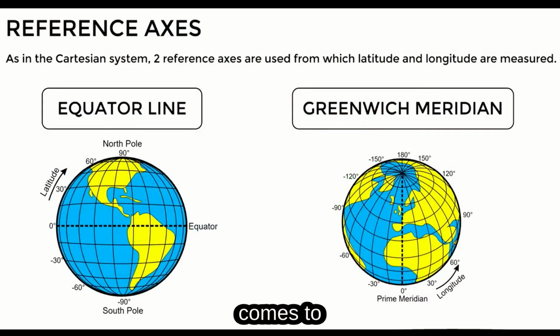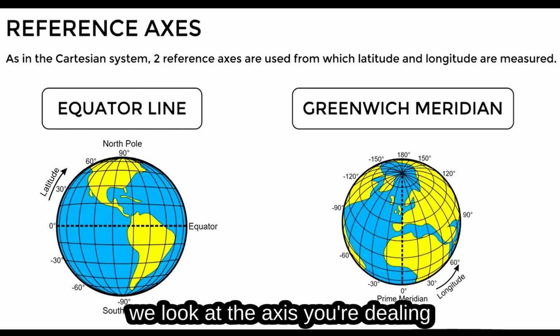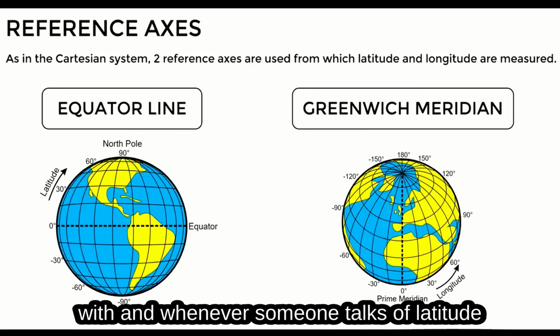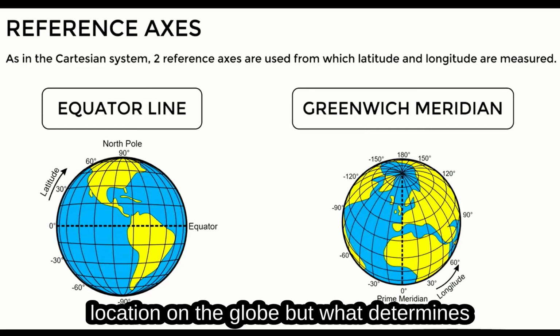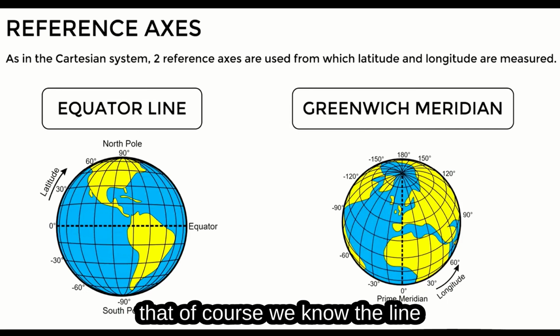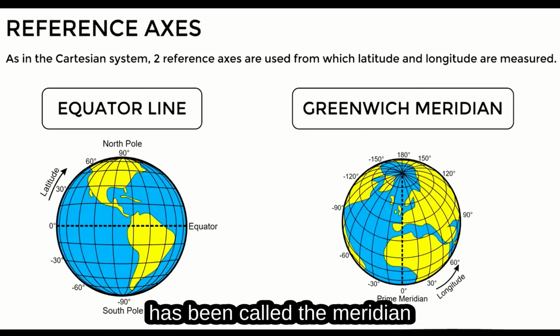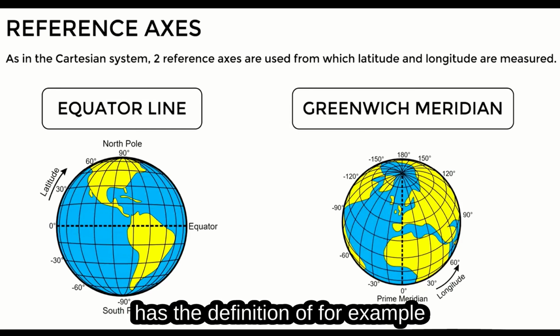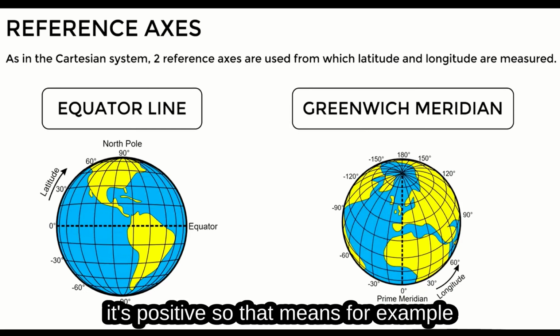So when it comes to the different aspects of the two lines, we look at the axis that we are dealing with. Whenever someone talks of latitude and longitude, we usually think of a location on the globe. But what determines that? Of course, we know the line running from the north to south, which is basically the meridian. If you're moving to the east, it's positive.